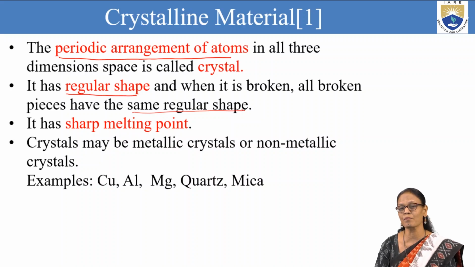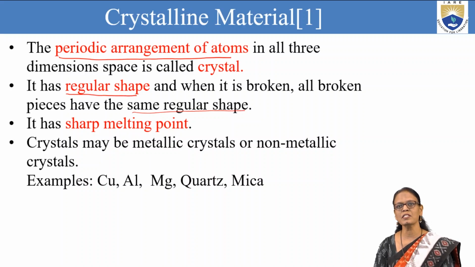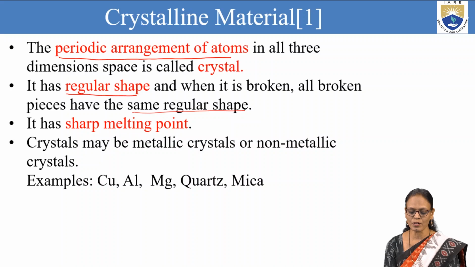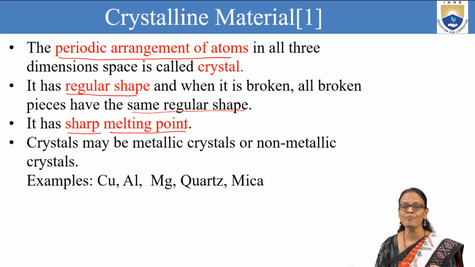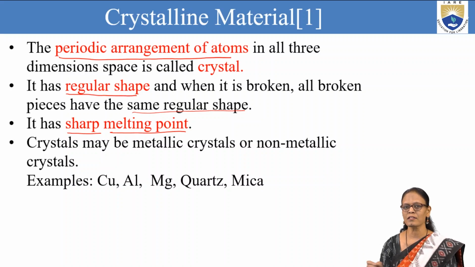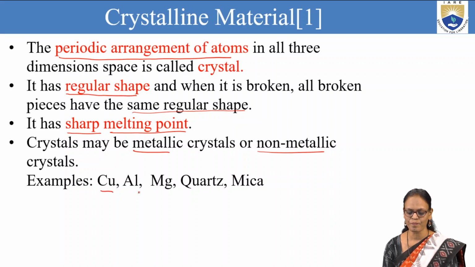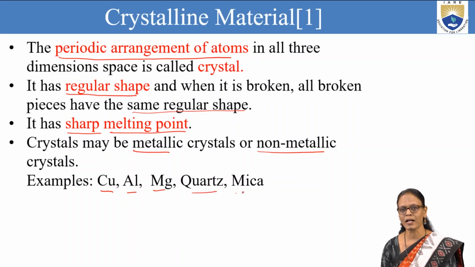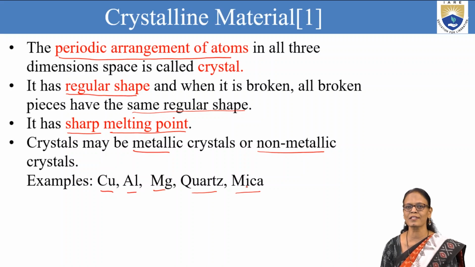That is the most important property of crystalline substances. Also, it has a sharp melting point. Crystalline solids may be metallic or non-metallic crystals. For example, copper, aluminium, magnesium, quartz and mica are all examples of crystalline solids.